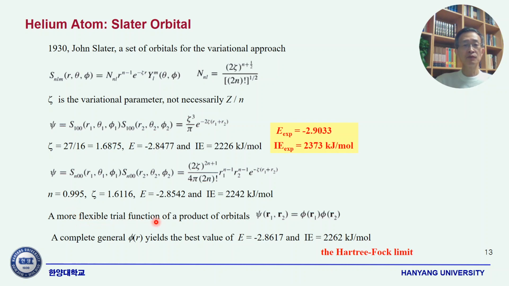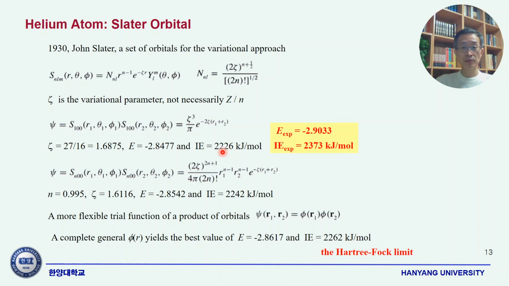And if you use a more flexible function of these product orbitals, you would get a better result. The completely general phi(r) gives the best value. Of course, it's completely general, and the energy obtained is minus 2.8617, and then the ionization potential is 2262 kilojoules per mole.